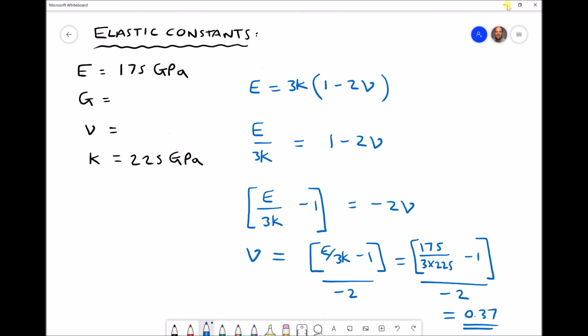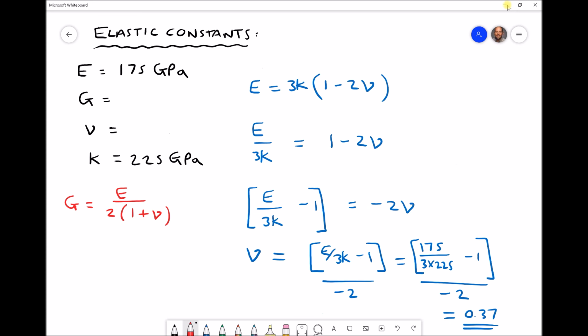The final step in this example is to calculate our modulus of rigidity. As we said previously, our formula for calculating modulus of rigidity states that G equals E over 2(1 plus the Poisson's ratio).